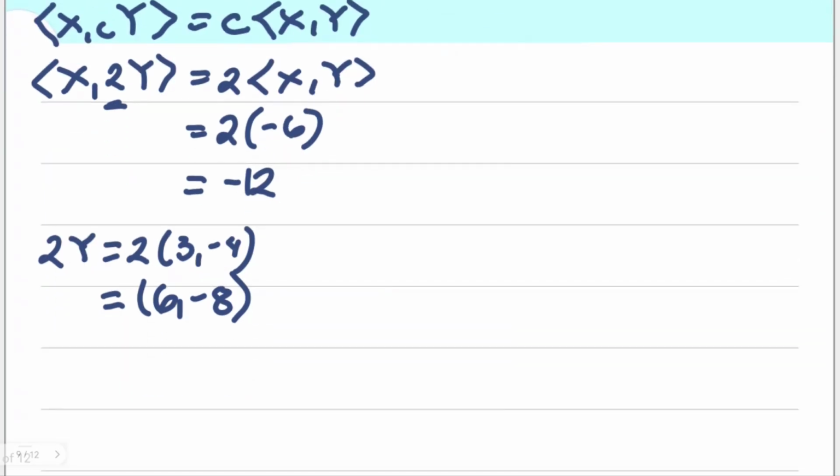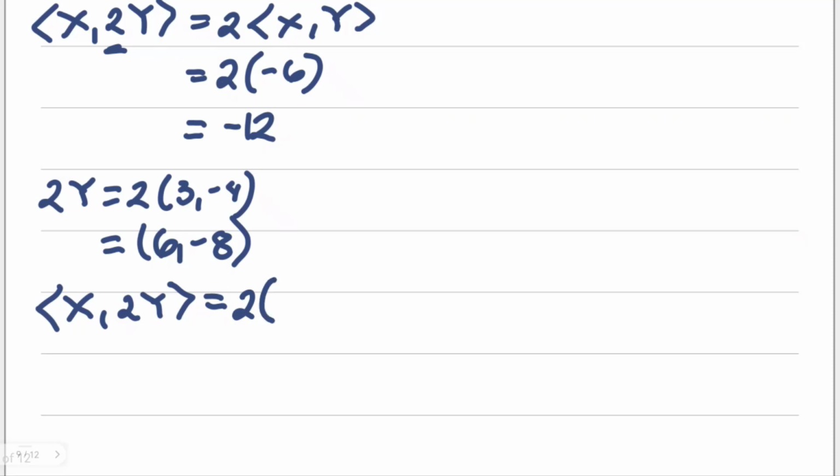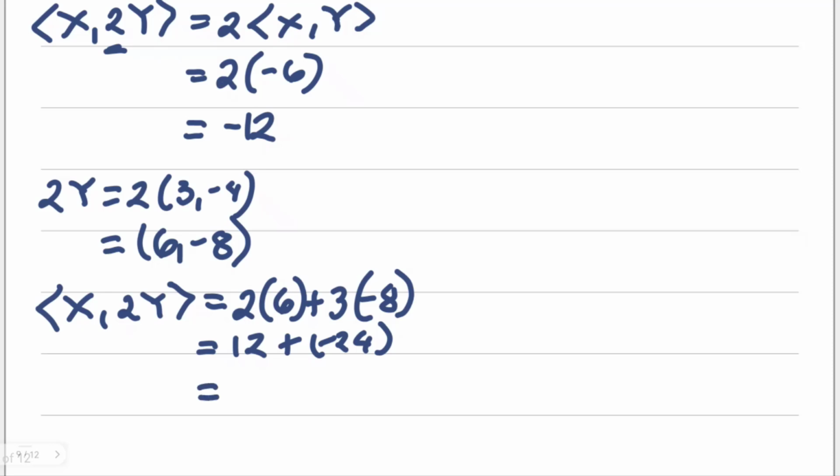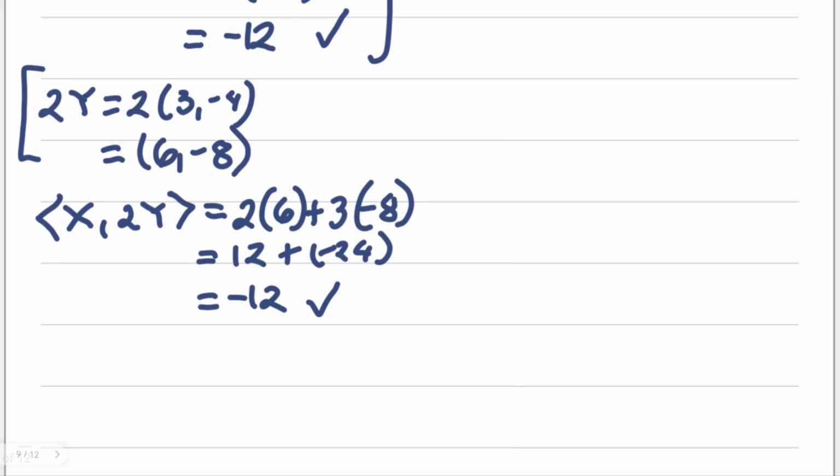And if you operate that with x, knowing that our x is 2 and 3, you'll have 2 times the first component 6 plus 3 times the second component negative 8. This is actually 12 plus negative 24. You will still get negative 12 even if you start with this. So they have the same result. The first one is using the property. This is multiplying first before applying the inner product, and you will still get the same result.